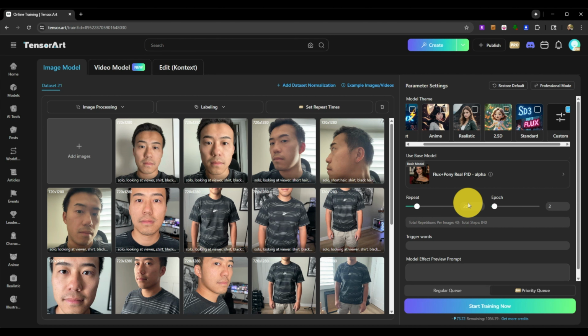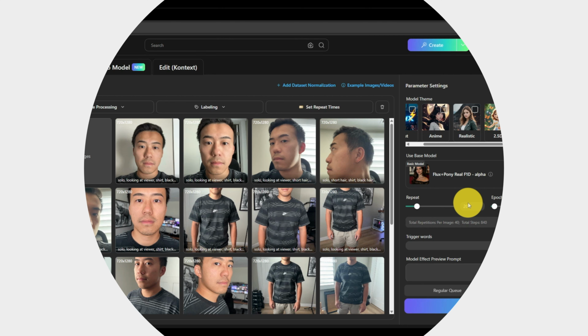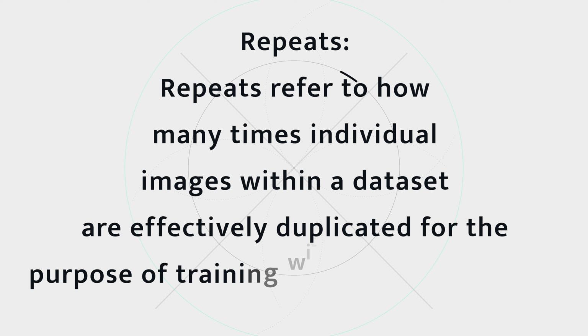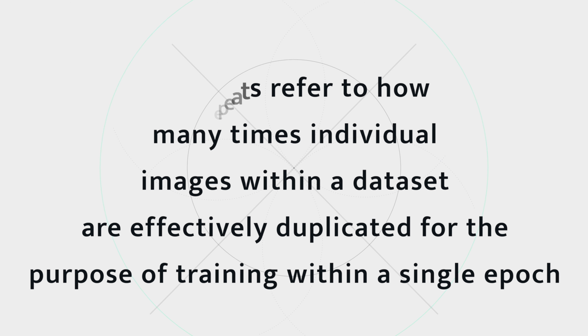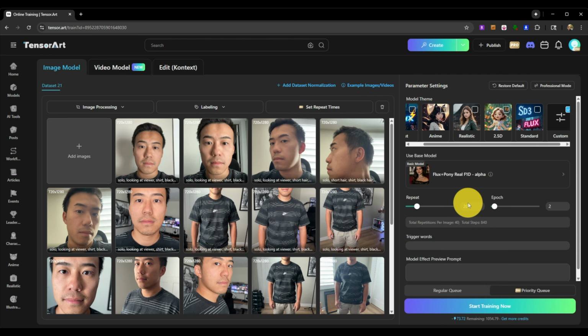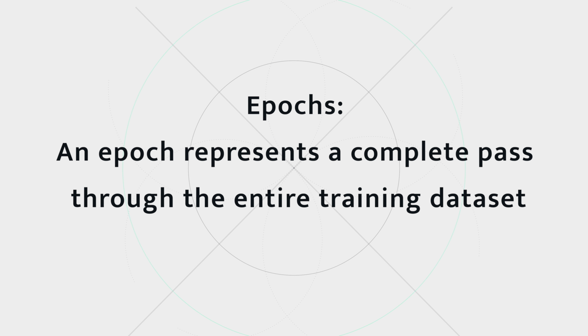Now, if you guys don't know what this is, a repeat is essentially controlling how many times each individual image is shown during a single epoch. So the more repeats it has, the more it's going to be shown, or the more passes that it's going to go through within that epoch. So an epoch signifies one complete pass through the entire training data set.